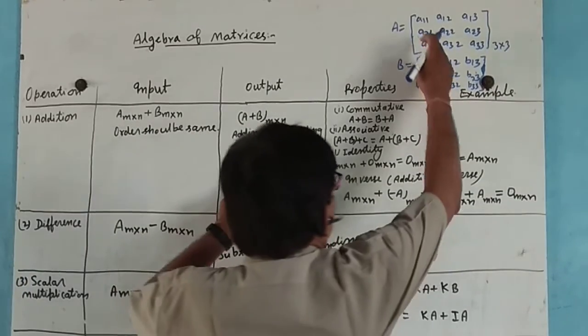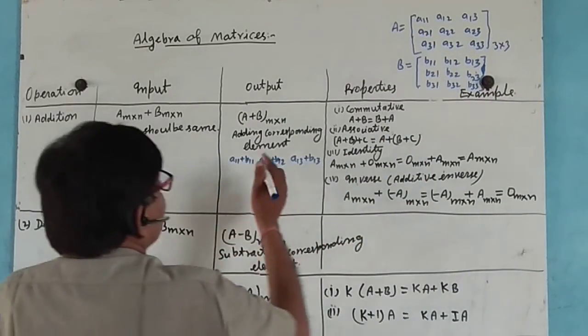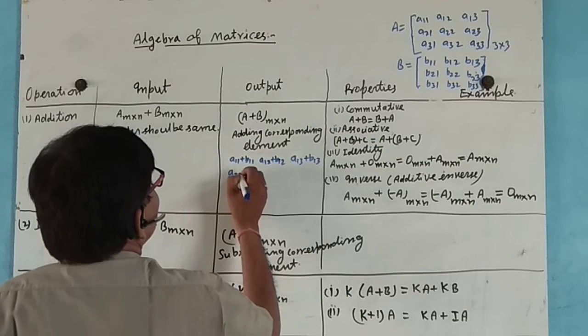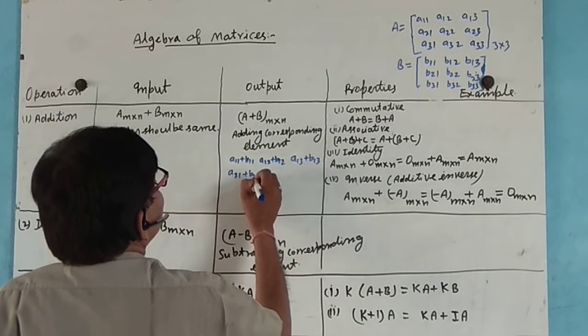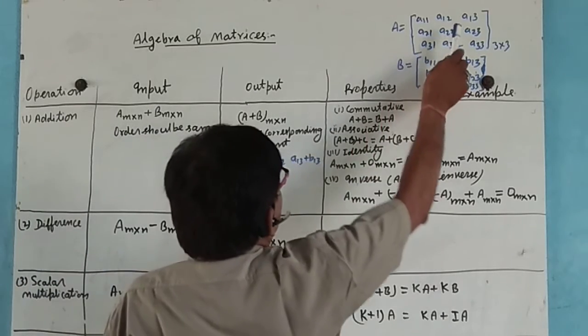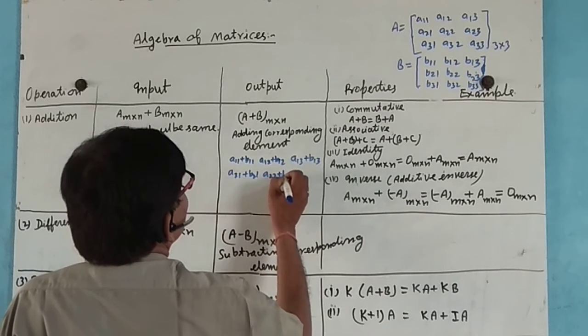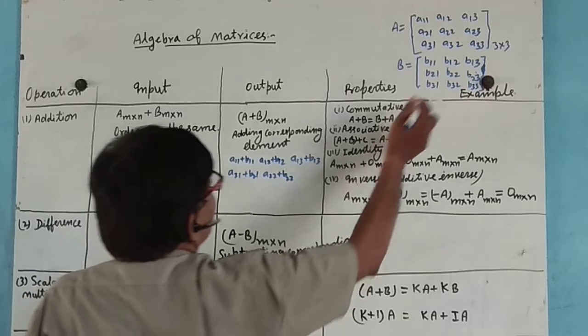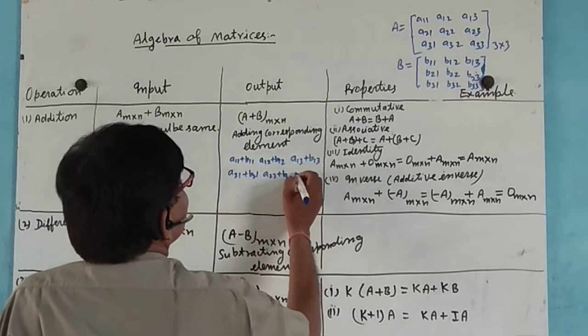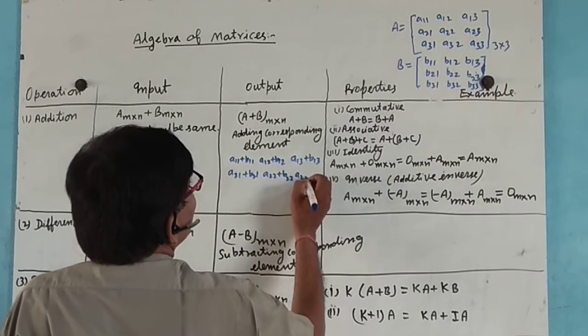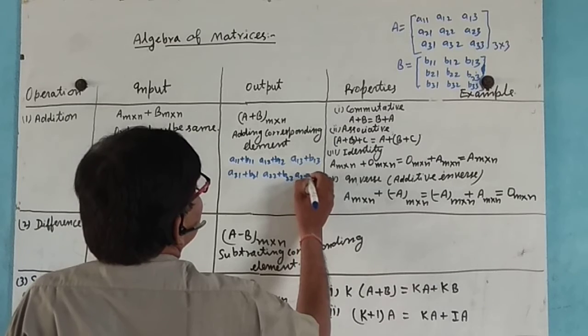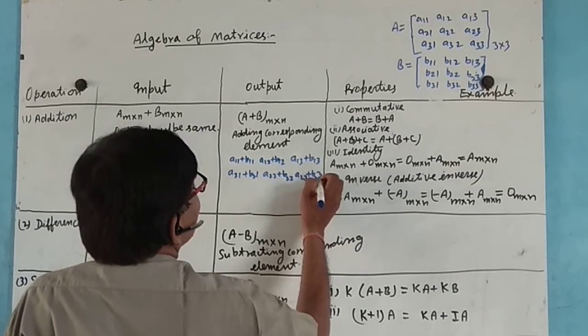Now A21 plus B21, A22 plus B22, A23 plus B23.